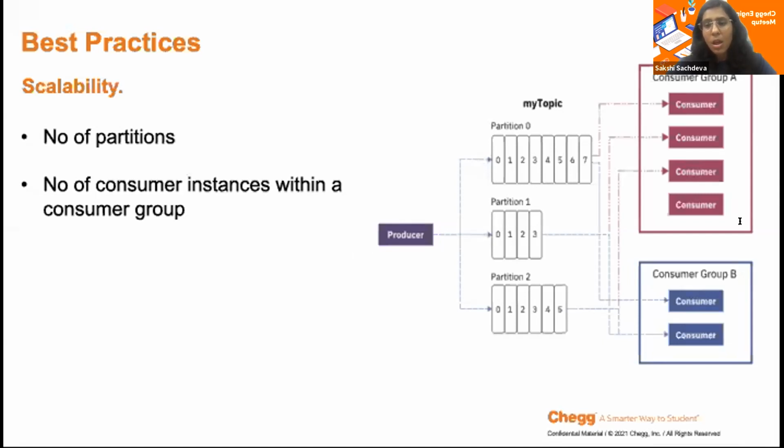For example, in our team we have a main topic which has 50 partitions, and there is a consumer service which is listening to my main topic, and we have set the scaling policy from 12 consumer instances to 50 consumer instances.